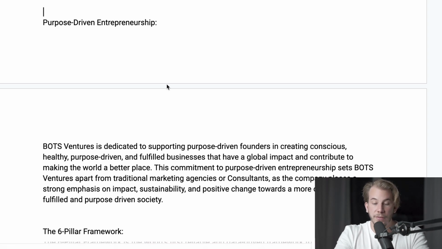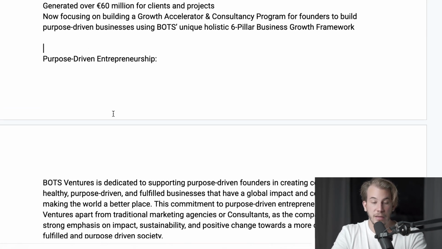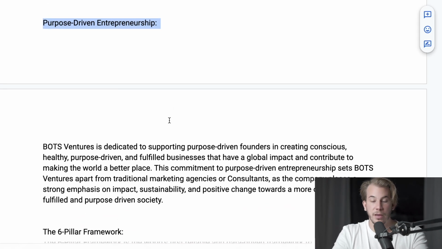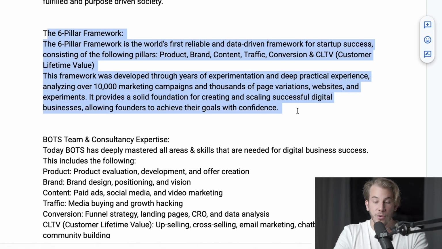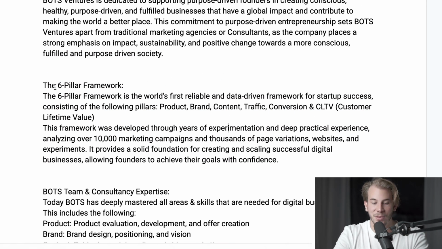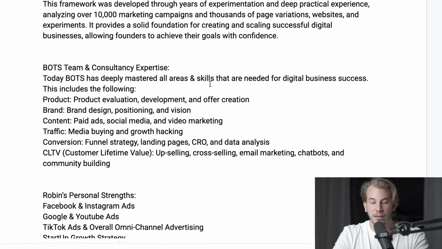So you give it all this information so that it can basically build itself an image of what you're trying to achieve. And here, we have a unique new framework, which we call purpose-driven entrepreneurship, so we give it the information about that. We have the 6-pillar framework, and you can watch a whole masterclass about it, the holistic business growth framework, in my playlist on that topic.